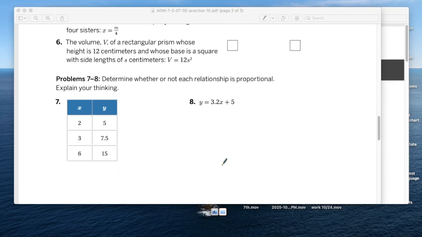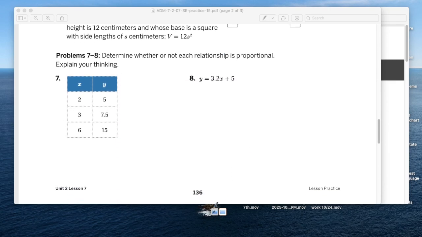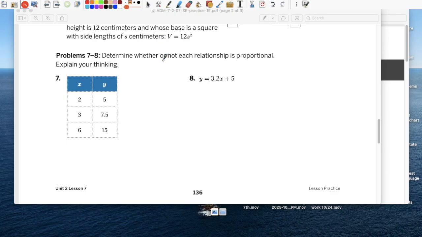Determining whether or not each relationship is proportional. Okay, so let's find the constant of proportionality. To find it, I'm going to take the y value and divide by the x value. So if I pick this one right here, I go 5 over 2. I can write 2 over 5 or 5 over 2, it's up to you.